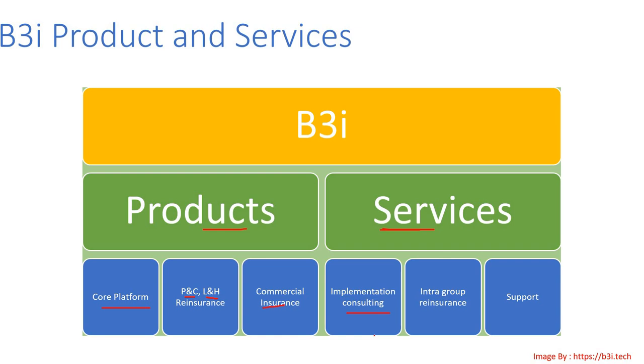They are focusing more on consulting, understanding the business processes of their partners, and then mapping their product to their business processes. And they are also going to focus on intra-group reinsurance transfers, and then they will provide support to their partners and their stakeholders within their entire product and service portfolios.